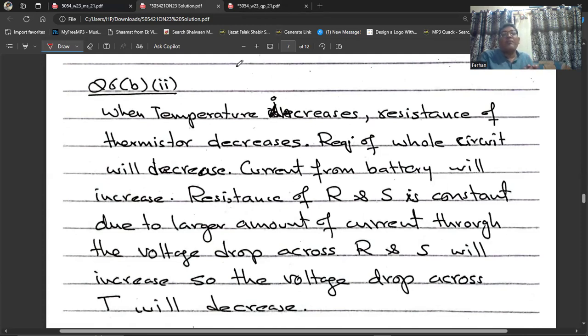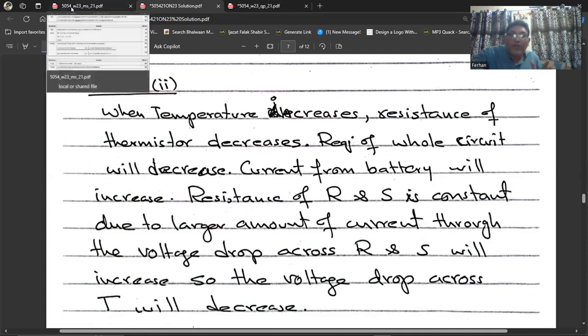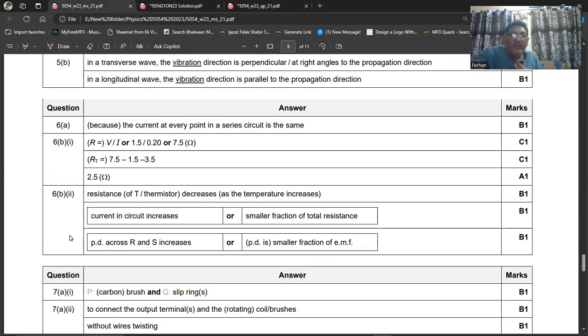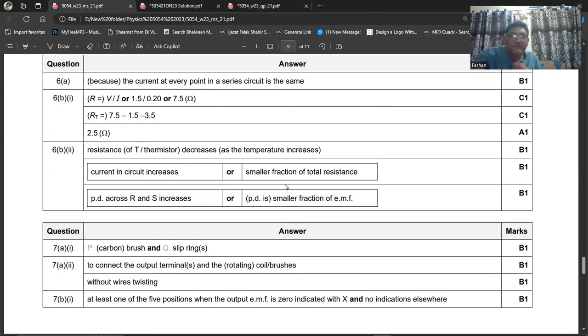So the voltage drop across T will decrease, because the total voltage drop across these three resistors is supposed to still be 1.5 volts. So this is the answer I have written. I hope you can write a better answer. You can also look at this marking scheme.